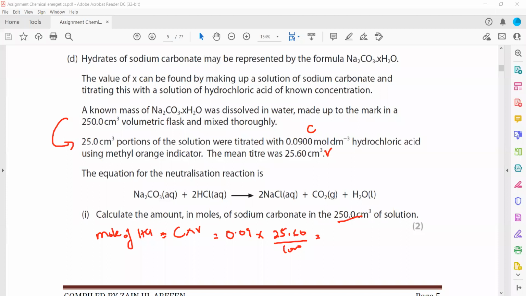When we multiply this, we get the moles of HCl used. This comes out as 0.0023.